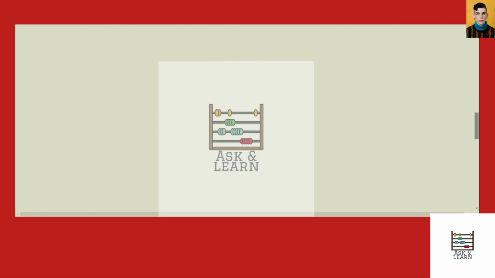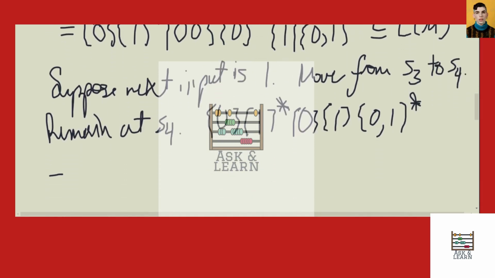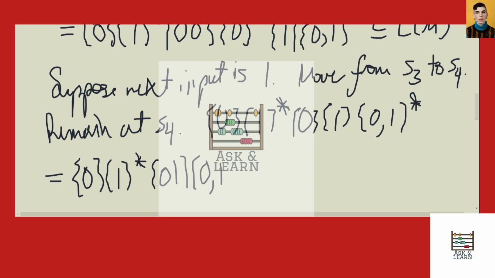And this can be rewritten as 0, 1 star, 0, 1, 0, 1 star. And this is a subset of the recognized language.